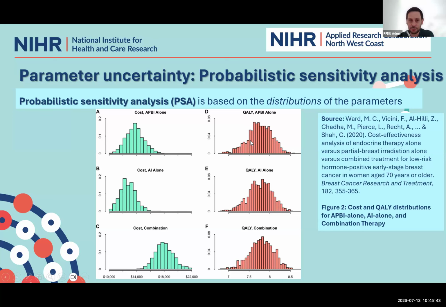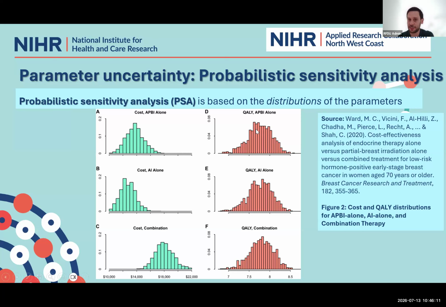And we try to do a random draw of these plausible values, repeat that draw several times, and try to understand how our cost effectiveness results might change according to the different cost and QALY values we extract from these distributions. So from a mathematical point of view, it's quite a sophisticated technique, but from an interpretation point of view, this is what we do.